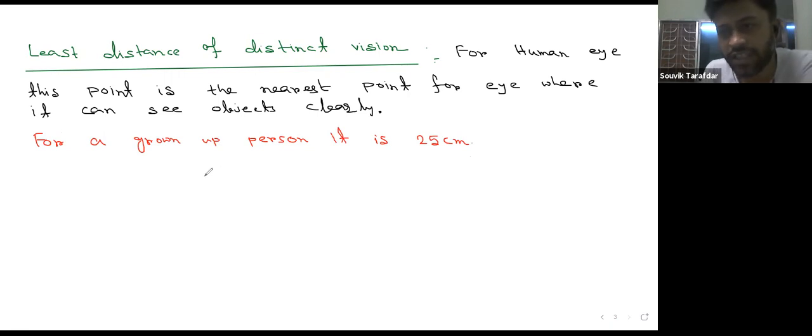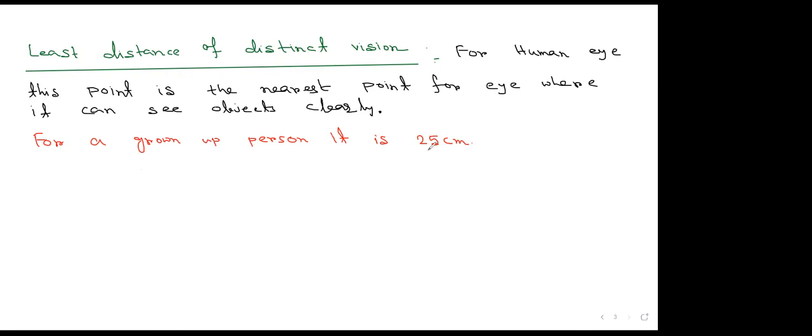And for a very small child, it is 10 centimeter actually. As we slowly grow up, if you don't have any eye problem, if your vision is absolutely fine and you don't have glasses, then your least distance of distinct vision will be 25 centimeter. Am I clear or not? Yes, sir.